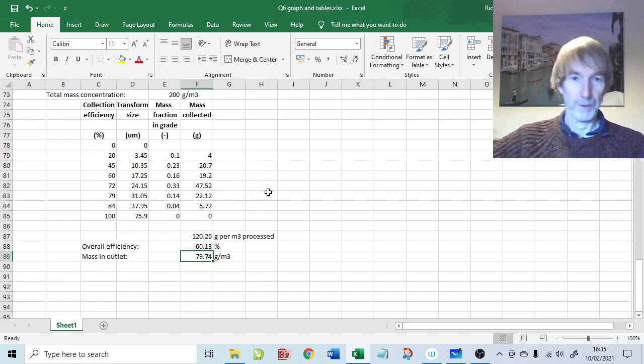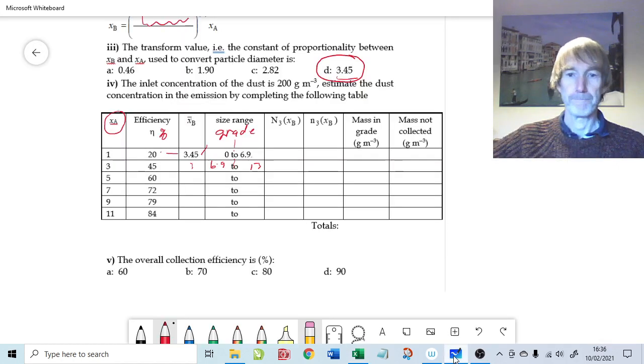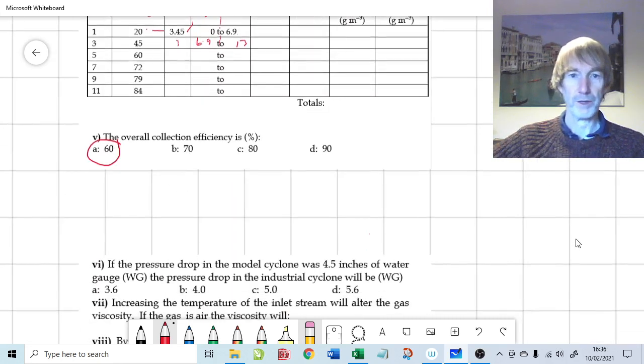Okay, so 60% is not a bad efficiency. So that, in terms of the answers, is answer A. The overall collection efficiency is 60%, as we just saw in the spreadsheet.